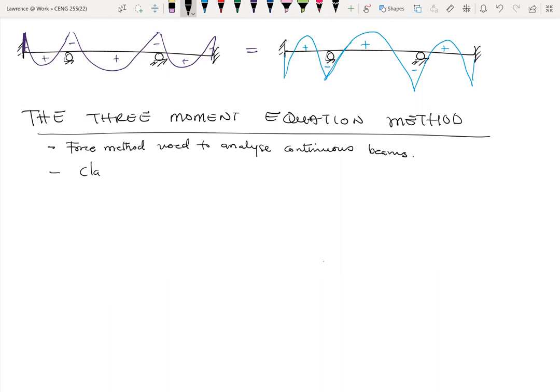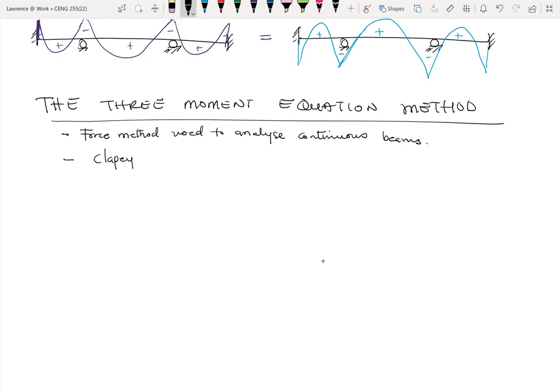Yeah, I think Clapeyron presented this method in 1857. All right, so that's 100 years before Ghana gained independence. So that's the time difference between when this method was proposed and when we gained independence.